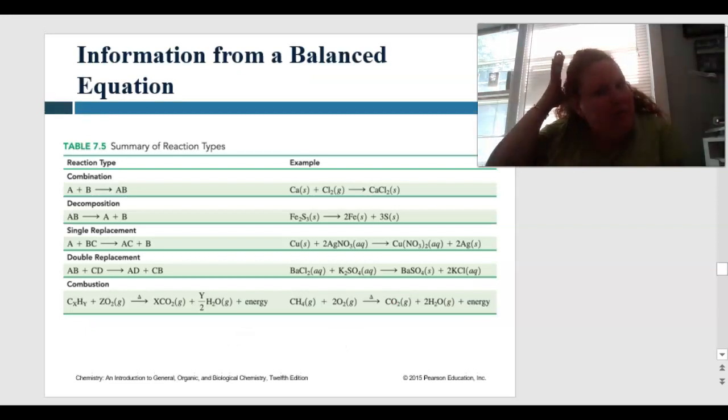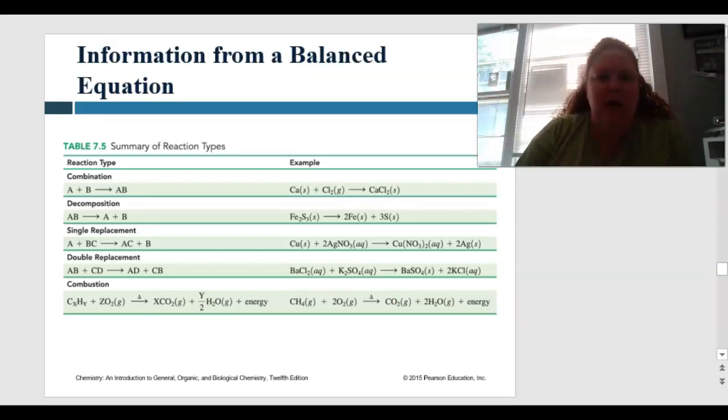So information from a balanced equation. Here's a summary of reaction types. If we have a combination, we're combining things: A plus B equals AB. If we have decomposition, we're separating it, so AB separates out into A plus B. If we have a single replacement, you can see that A plus BC equals AC plus B, because we're having one single replacement.